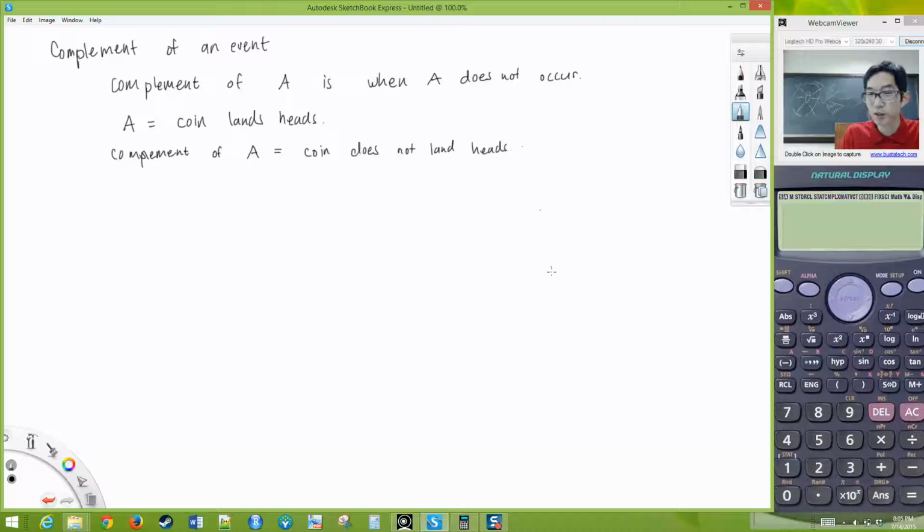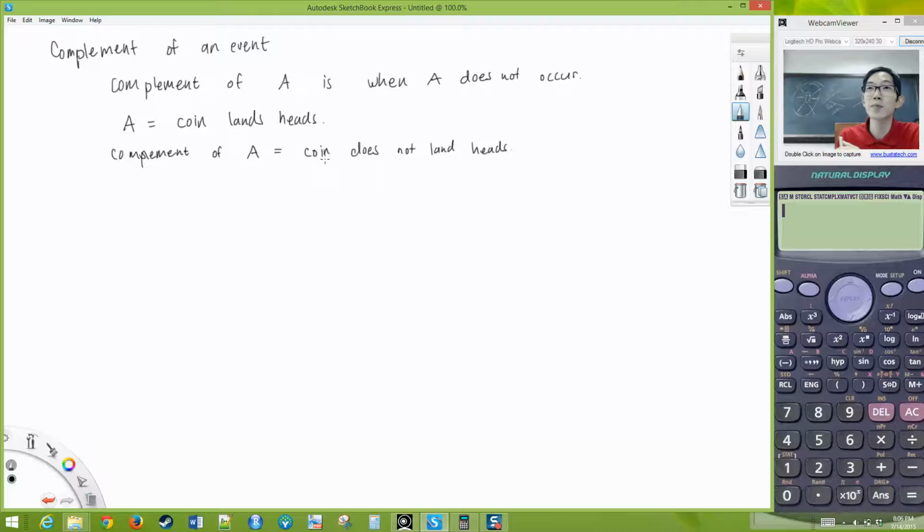So we might say the coin can land heads or it won't land heads. That includes the coin disappearing in the middle of the air, vanishing somehow supernaturally, or an eagle swooping out of the sky and eating it, or it rolls away. The complement of A is everything where it does not land heads.